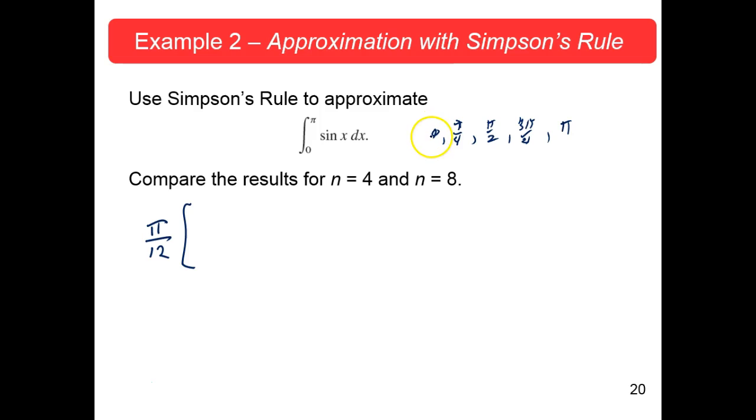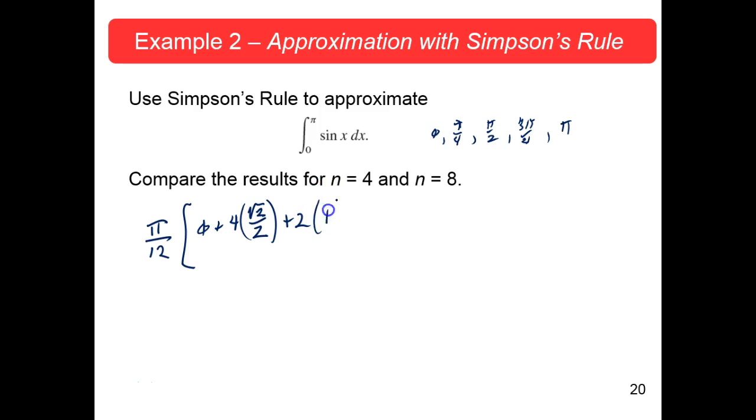So this is your f0. It's going to be 0, because sine of 0 is 0. Plus, remember the odd ones here are 4 times. 4 times the sine of pi fourths. Sine of pi fourths is root 2 over 2. Plus 2 times the sine of pi halves.